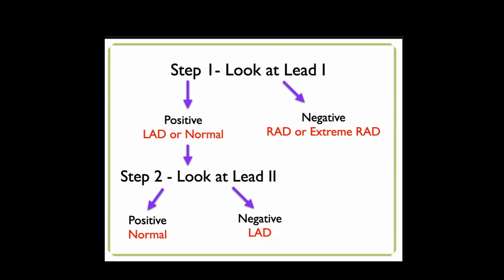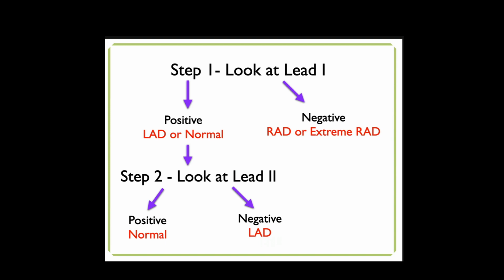And the reason, again just in the field, is that extreme right axis deviation is pretty rare. So the chances are, if you get to this point and lead 1 is negative, it almost certainly is right axis deviation, not extreme right axis deviation. The second reason is it doesn't really matter that much.